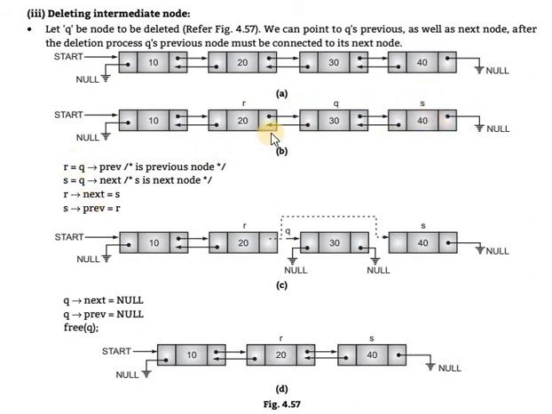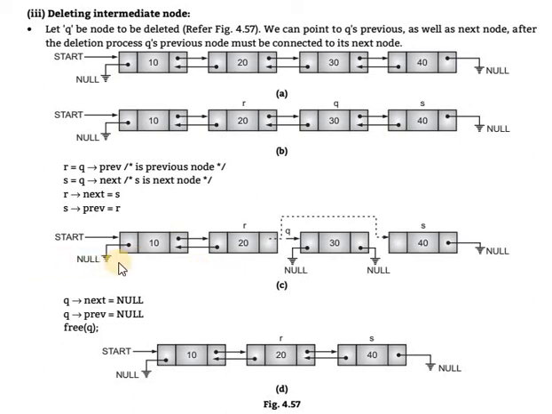After that, in R's next field, S is assigned, so S is assigned to R of next, and R is assigned to S of previous. This means obviously that the middle element is freed from the list, as the figure shows.